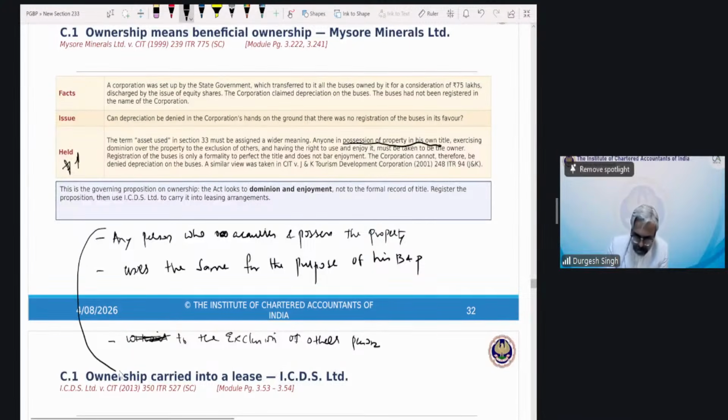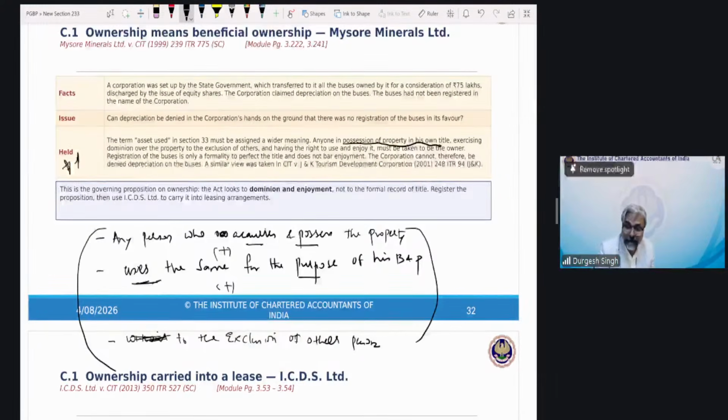This is the test. Who acquires and who possesses the property. They are all relevant. Who has acquired and possessed the property, and is using the same for the purpose of his business or profession, to the exclusion of other persons.